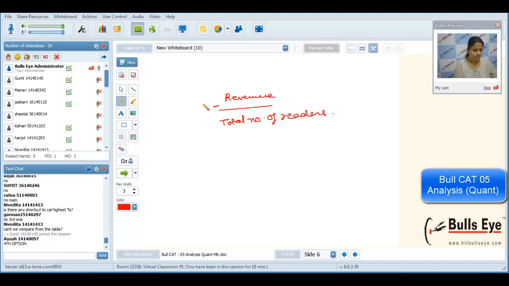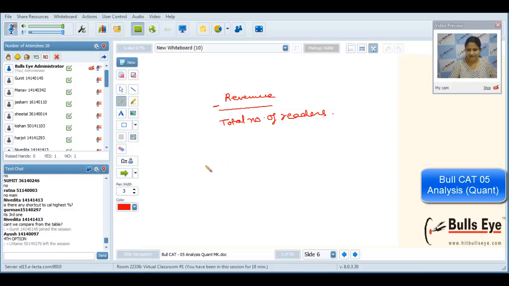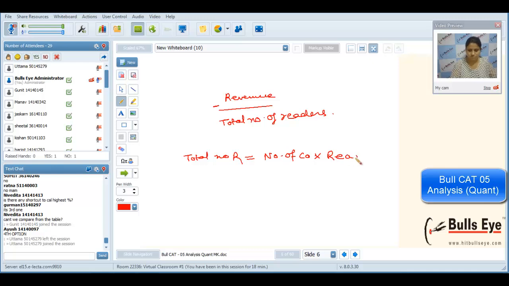Okay, what is revenue formula? Now it is given that total number of readers is equal to number of copies sold into readership quotient, and readership quotient is the average number of people reading a copy of the magazine. It means number of copies divided by number of people.